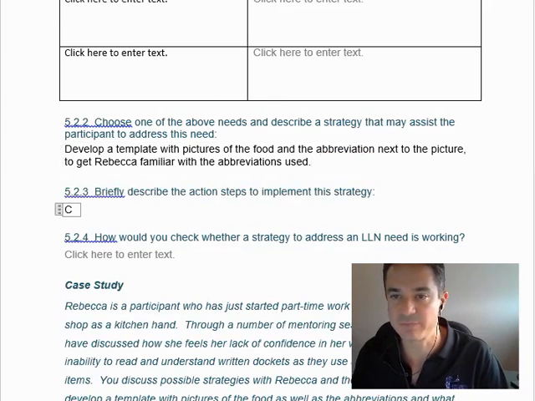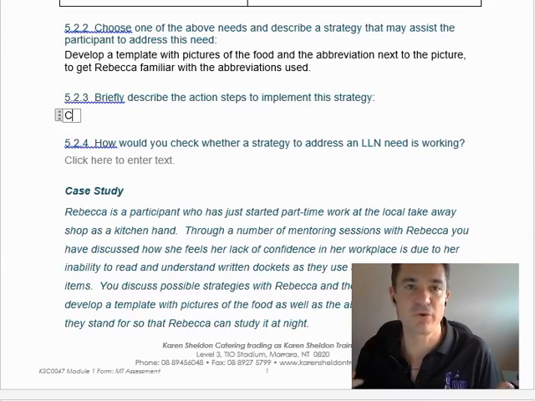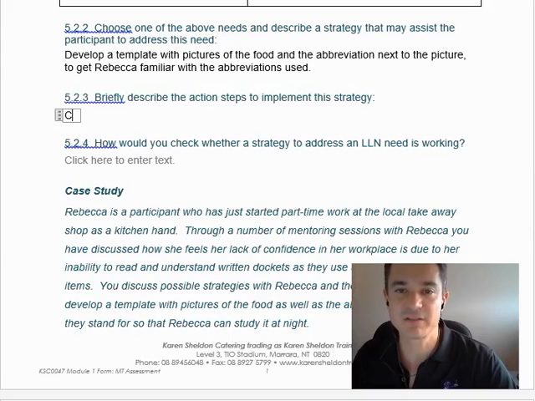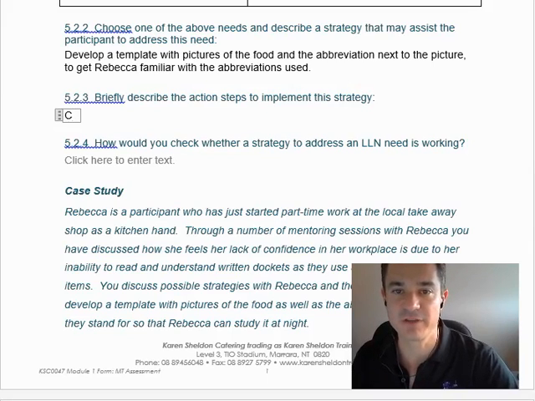We're going to do as per the case study here and develop a template. So that's the strategy. The action steps, exactly what you would do in the workplace. So what would you do if you were getting a participant to have something done in their workplace to assist them with literacy, language, and numeracy?